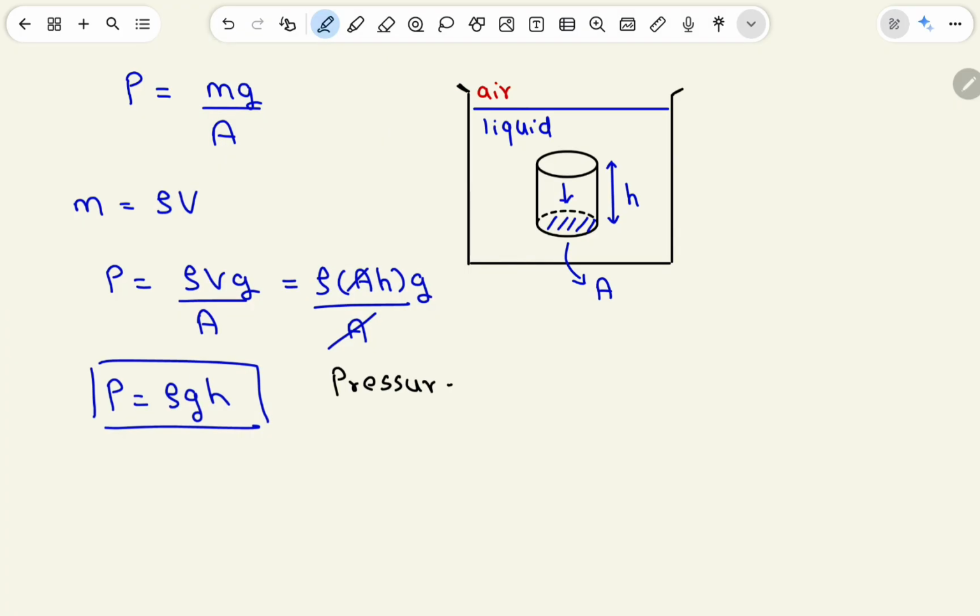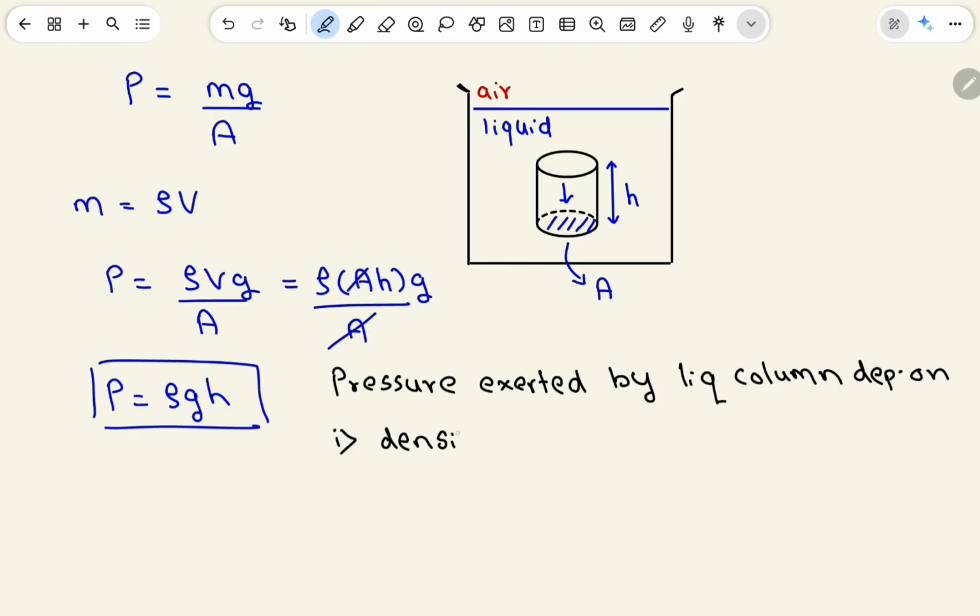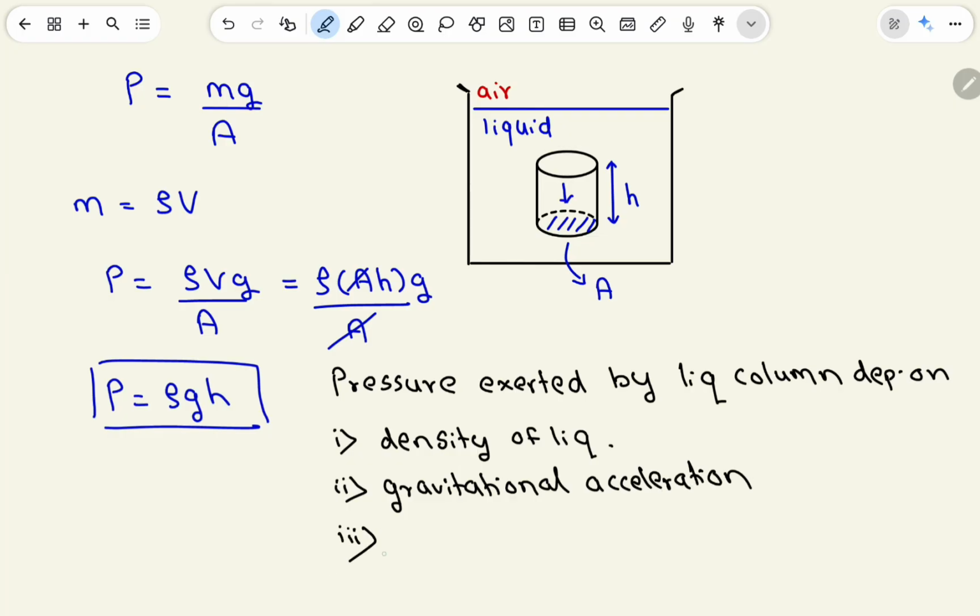Pressure exerted by liquid column depends on, first, density of liquid, then it depends on gravitational acceleration, and third, it depends on height of the liquid column.